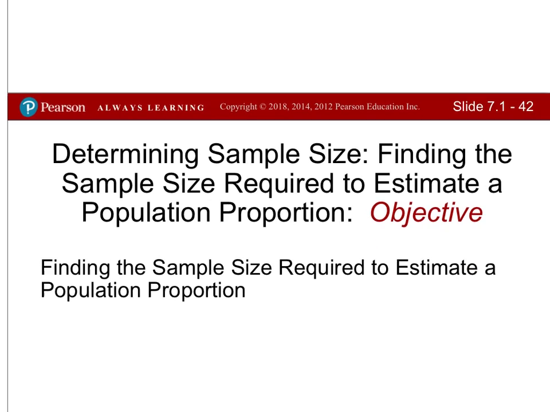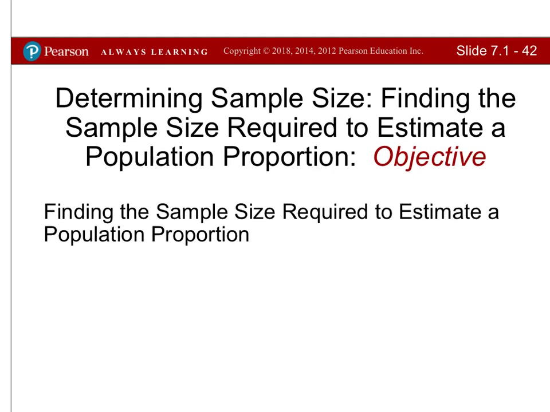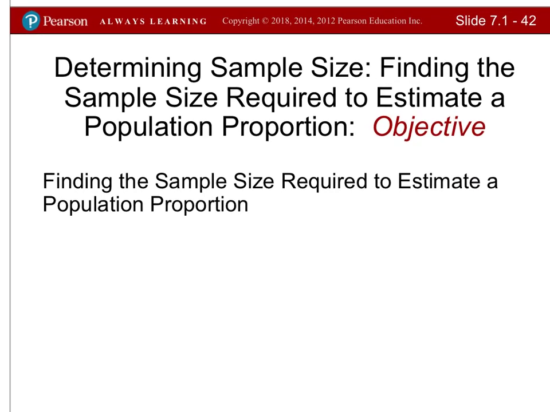Okay. Now here's the last thing we want to talk about. We can work this idea in reverse. In other words, we can say we want our error, right? Because it's an error, and you would like it to be as small as possible. Doesn't that make sense? You want the error to be small. And so you choose the error that you want, for instance, we want to be within 2% of the correct answer.